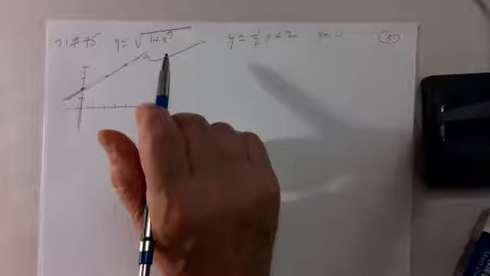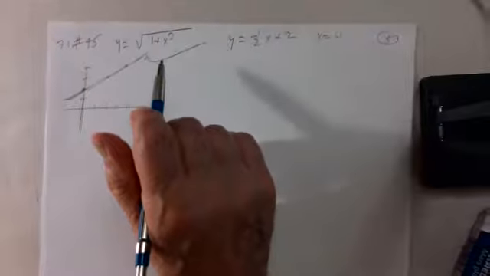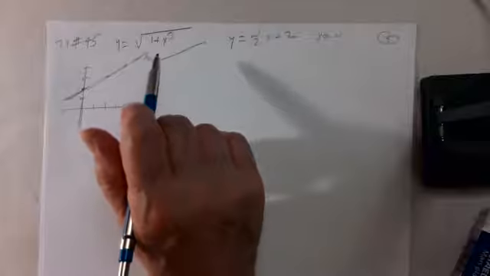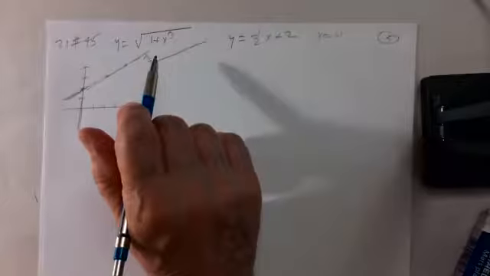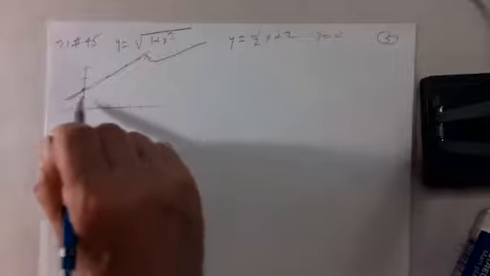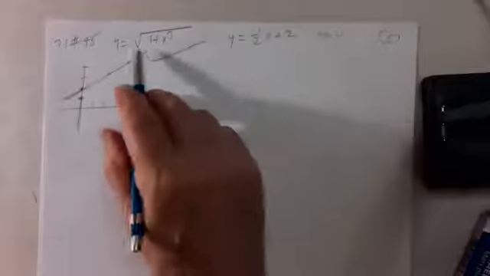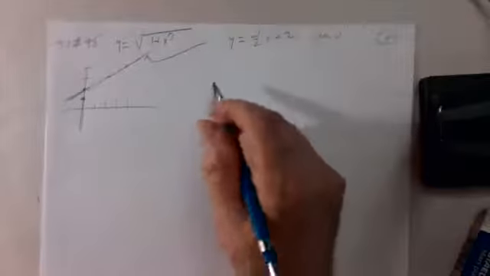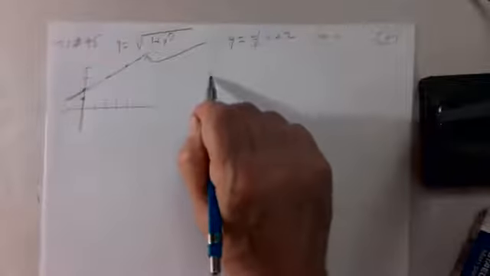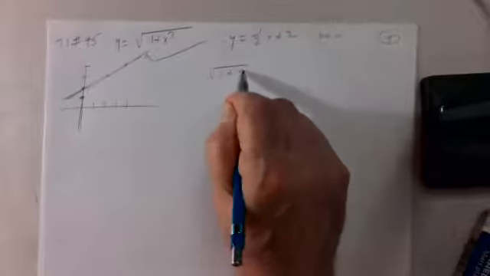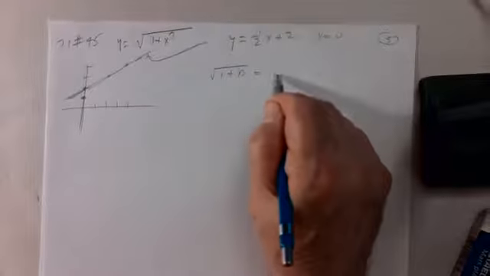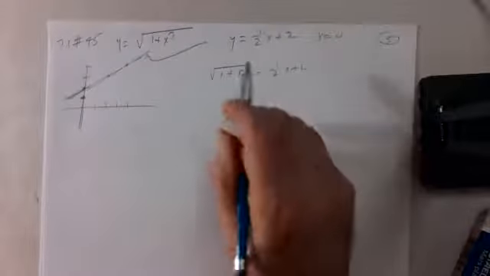And the square root of 1 plus x cubed, when x is equal to 0, has the value 1. And this is some curve that is increasing. We need to know, when do these two curves intersect? That is, when is it the case that the square root of 1 plus x cubed equals 1/2 x plus 2?